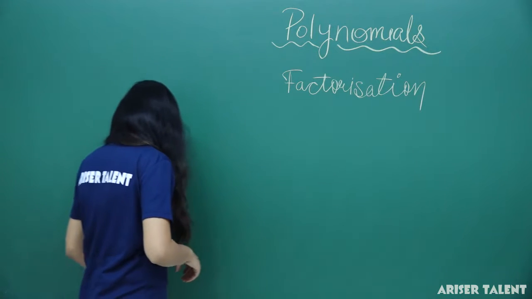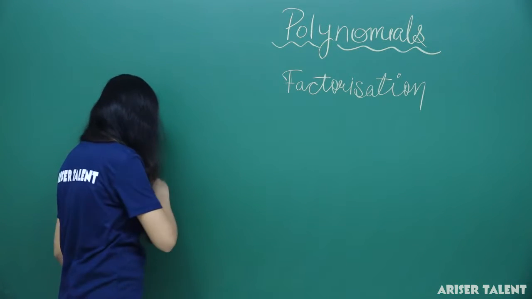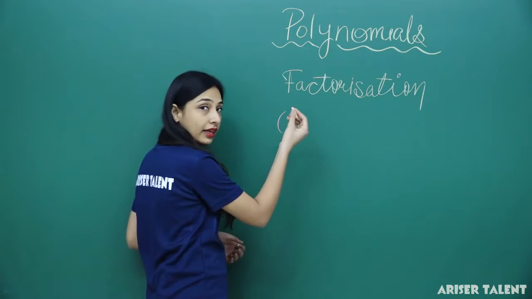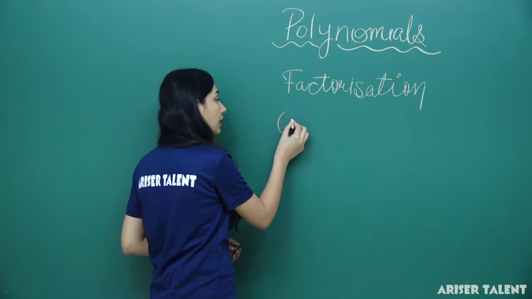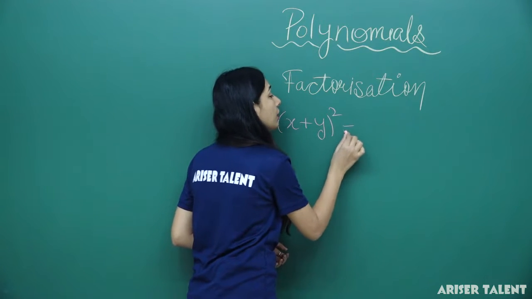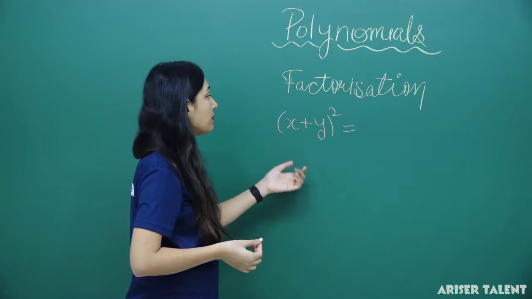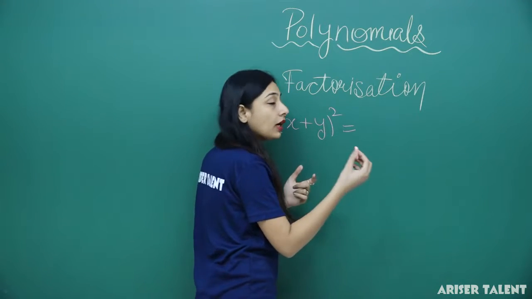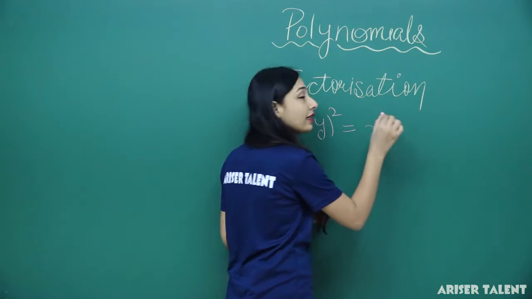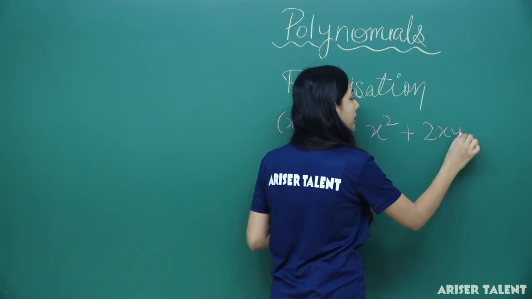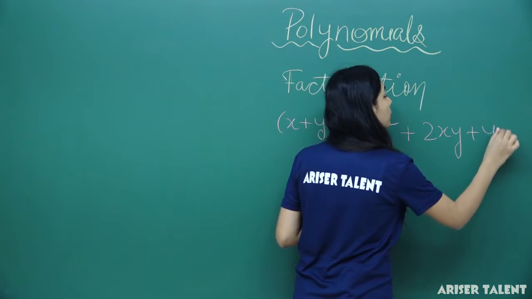So what identities can you use in factorization of polynomial? That is (x plus y) whole square. Now you all can tell me what (x plus y) whole square is. You all know it from algebra, that it will be x square plus 2xy plus y square.